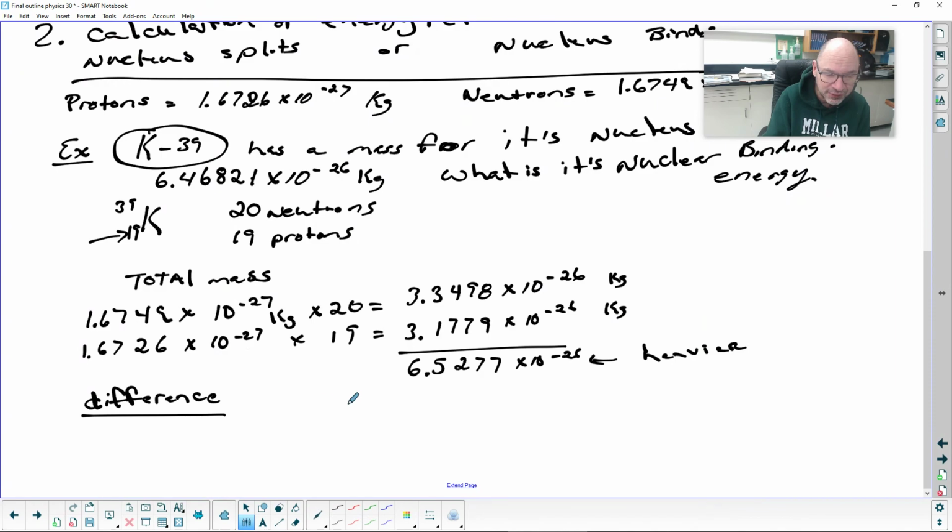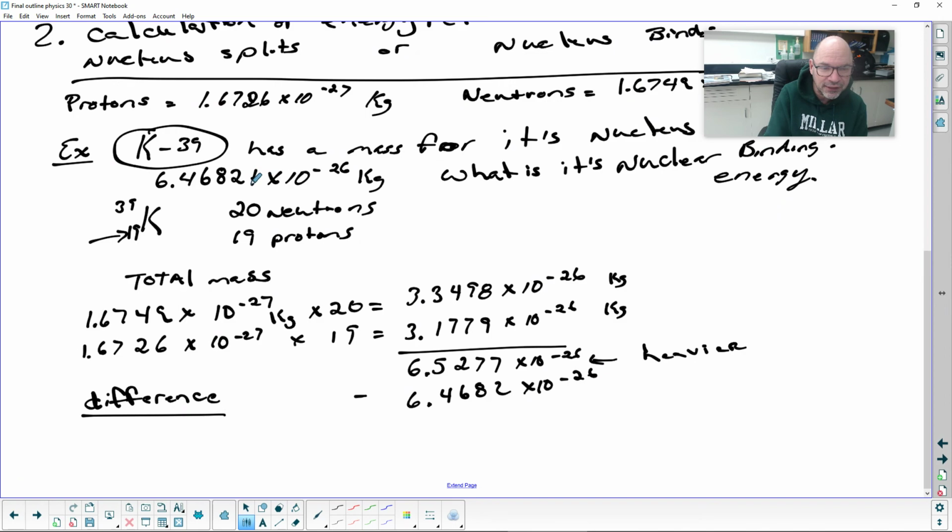We're going to take the total and subtract 6.4682 times 10 to the negative 26.